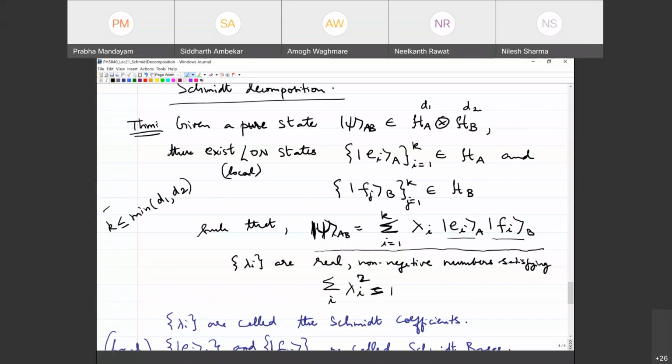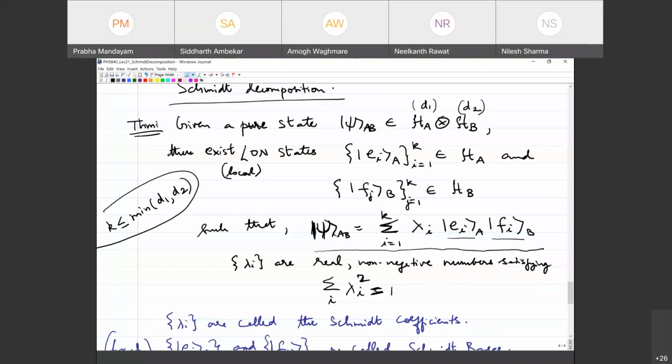If A is of dimension D1 and B is of dimension D2, then I can only have as many non-zero terms in this expansion as I have degrees of freedom, essentially. So I am bounded by the smaller system dimensionality.